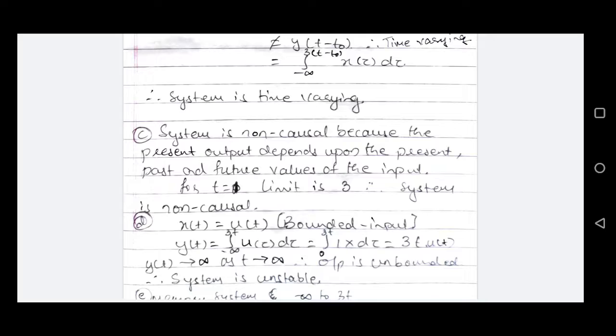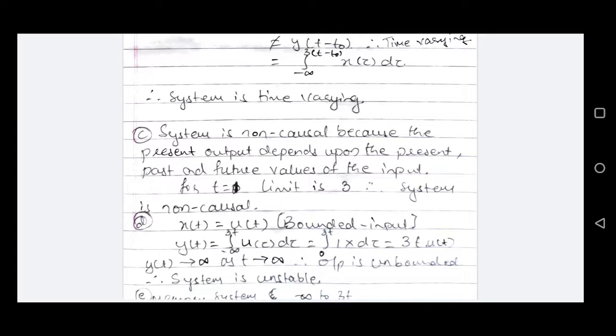For example, if we are verifying the system output at t equals 1, then the limits will be from minus infinity to 3. Minus infinity to 0 corresponds to previous values of the input. t equals 1 corresponds to the present instant input, and t equals 3 corresponds to the future values of the input. Therefore, the system under observation is a non-causal system.